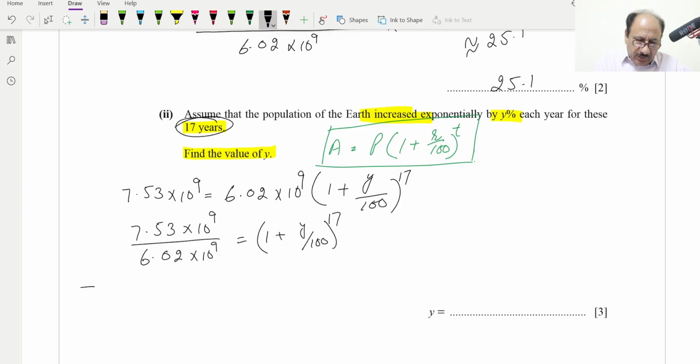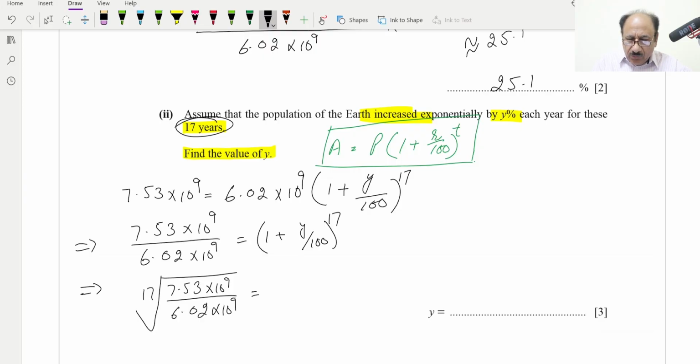The power 17 we can shift to the other side, so we can take the 17th root of 7.53 into 10 raised to the power 9 divided by 6.02 into 10 raised to the power 9, and this will be equal to 1 plus y over 100.